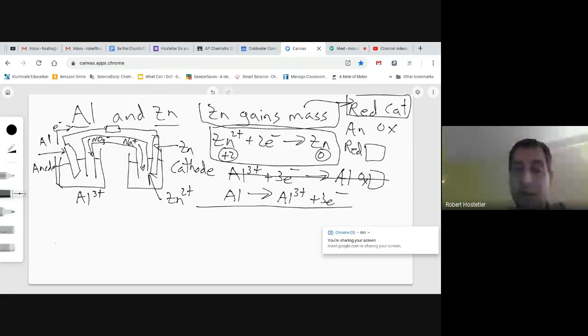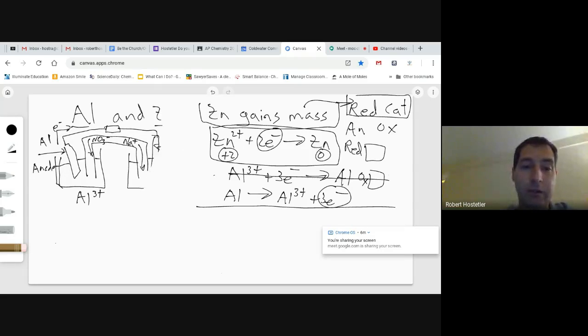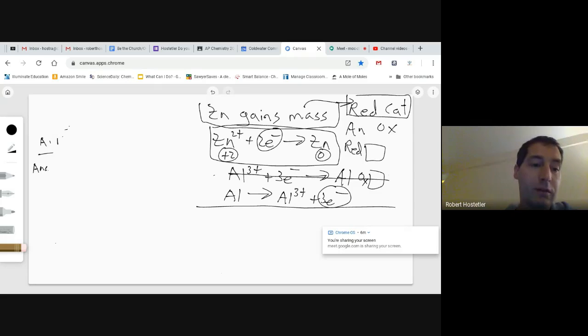Okay, now we can add those together just like we would do systems of equations or redox balancing, except you need to make sure the electrons cancel out. In this case, they don't, so let's get them to do that. We're going to have to multiply so that we have a common multiple of electrons, which in this case is going to be 6. So we're going to multiply everything here by 2 and everything up here by 3.